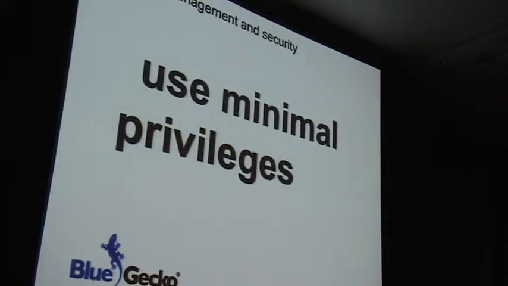Another thing, which actually is fairly common across all good security practice, is use the minimum privilege necessary. One of the things that we have run into as a firm that touches databases everywhere is that customers are often lazy. Even the really, really good customers are often lazy. So we will find that everybody is connecting as the root user.